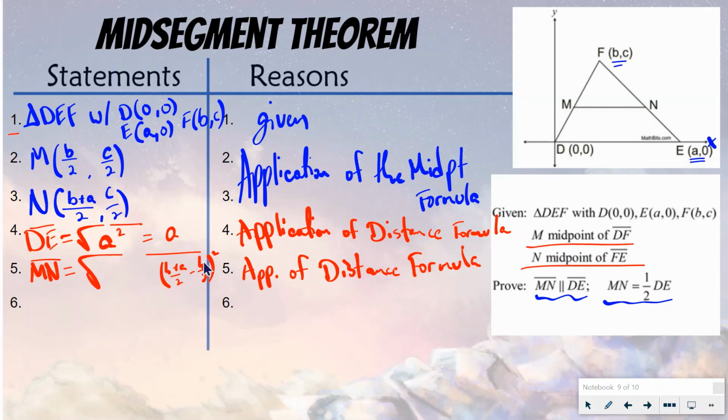The b and b would cancel out, and that would give me a over 2 in parentheses squared. And then I'm just going to apply the square root right now. If I'm squaring this and square rooting that, that's going to completely cancel out. You can also distribute the squared, that would give you a squared over 4, and then do the square root of the top and the bottom separately. But that's going to give us the exact same thing. The squared and square root process completely cancel out and leave us with a over 2.